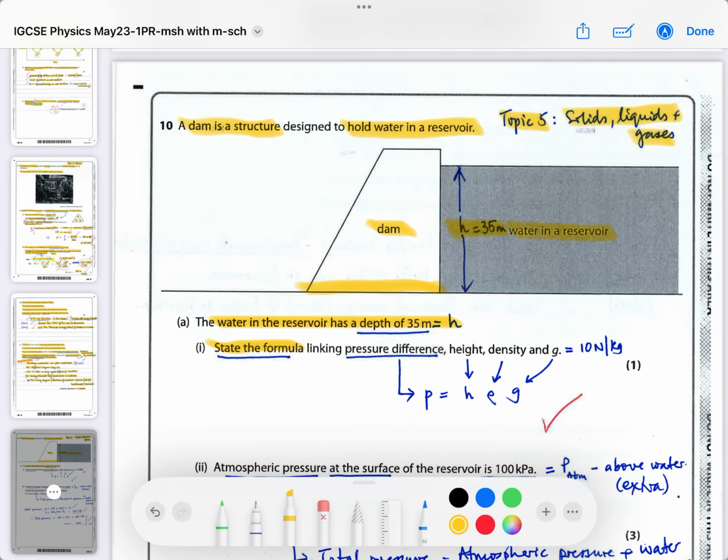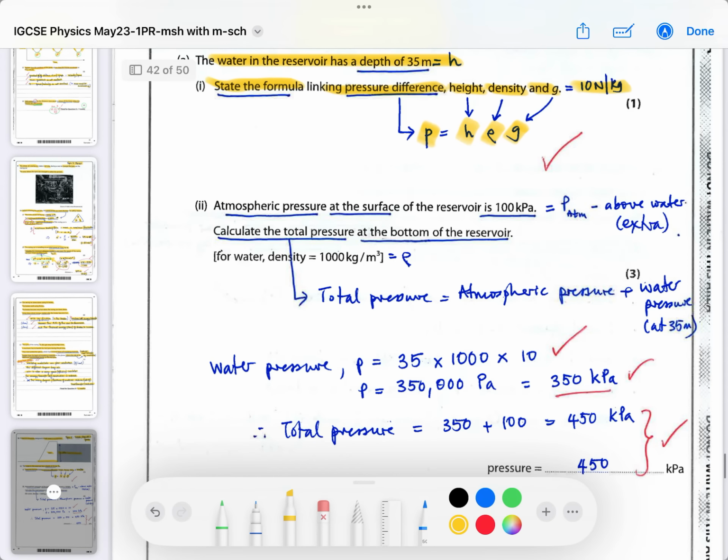And state the formula linking pressure difference, height, density, and gravity, which is 10 newtons per kilogram on Earth. So that'll be P equals h rho g, h for the height, rho for the density, and g for gravitational field strength. 1 mark for knowing what each letter stands for and putting it in the right order.